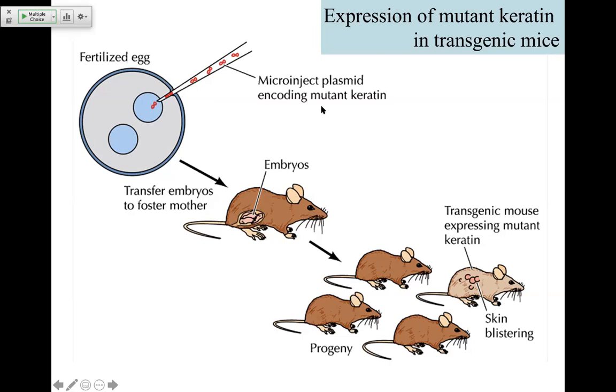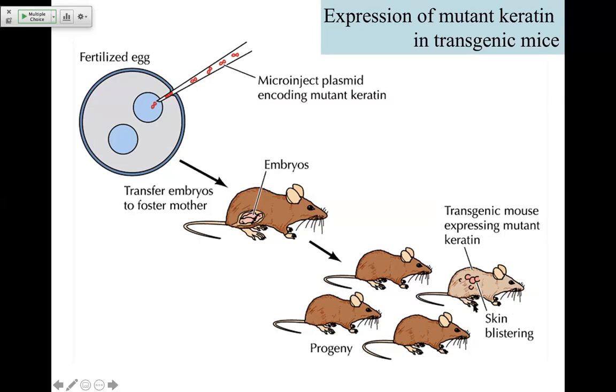So a gene encoding an abnormal keratin monomer. Inject that into embryos, transfer the embryos into a foster mother, and if any of those embryos actually took up that plasmid, which is then expressing a mutant form of the keratin, we end up over here with a transgenic mouse. What we see as a phenotype of this transgenic mouse is its skin is blistered.